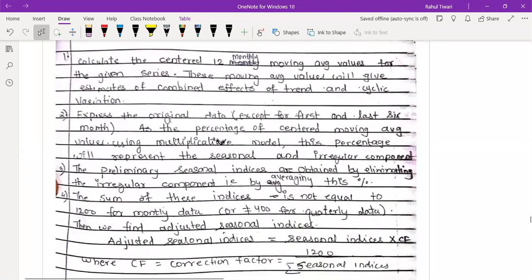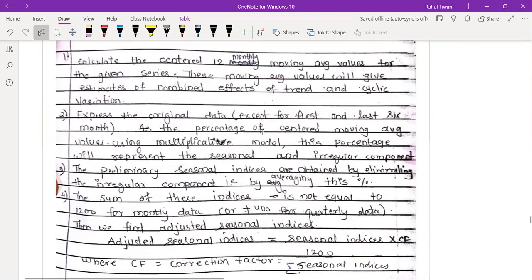Then express the original data, except the first and the last 6 months, as a percentage of the centered value. This is not a simple thing, but we will see how we can work on that, and it will represent the seasonal and irregular components.